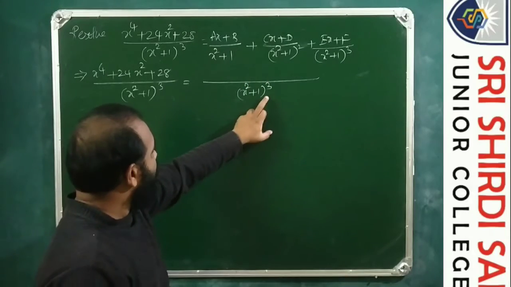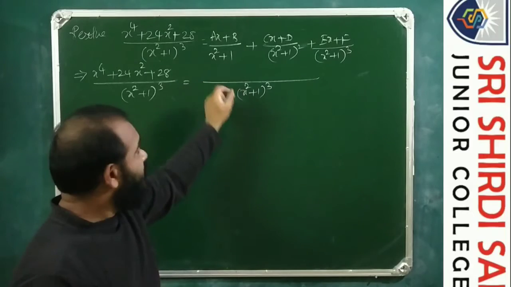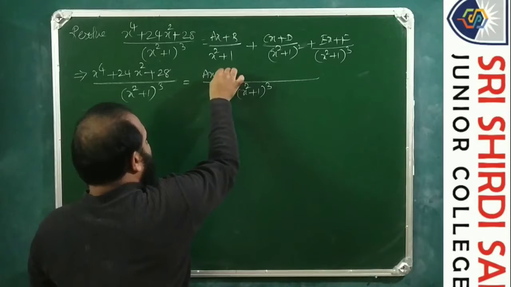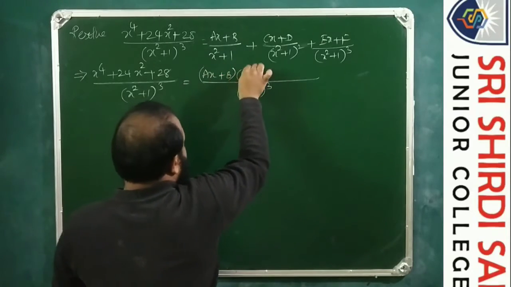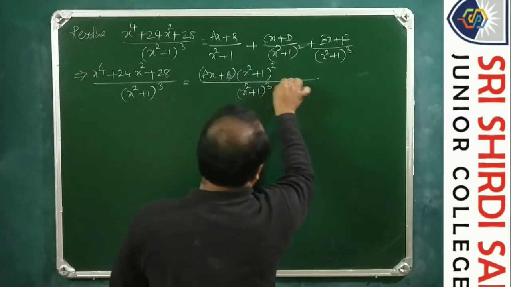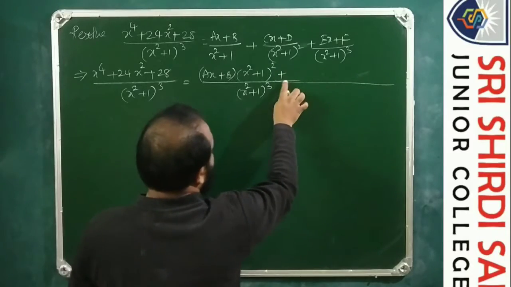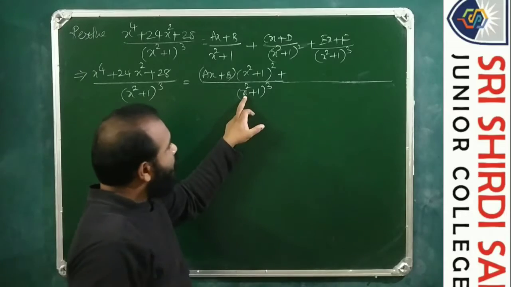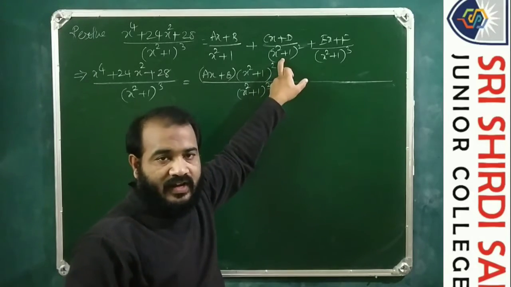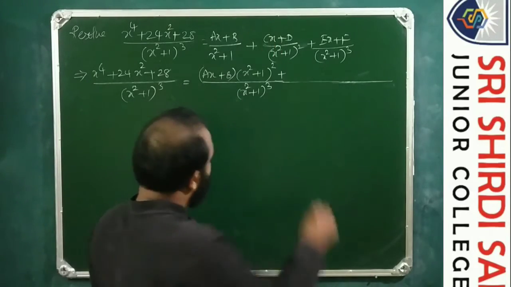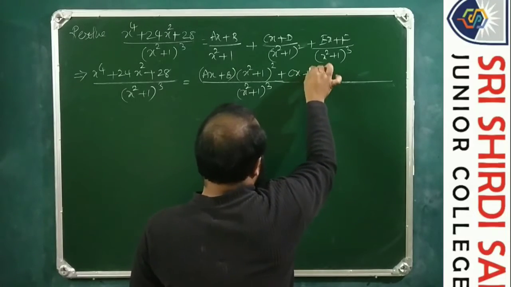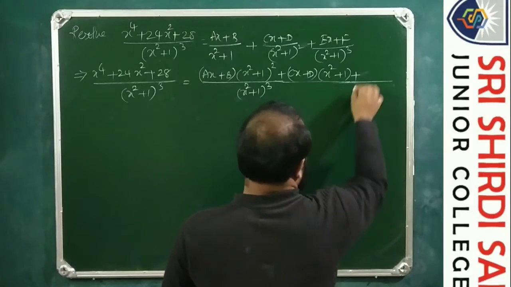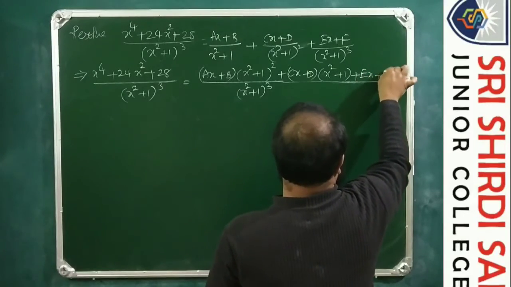So x square plus 1 whole cube by x square plus 1 is x square plus 1 whole square, into this ax plus b, into x square plus 1 whole square, plus x square plus 1 whole cube by x square plus 1 whole square, x square plus 1, into this cx plus d, into x square plus 1, plus ex plus f.